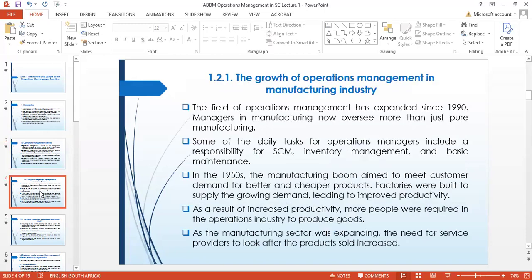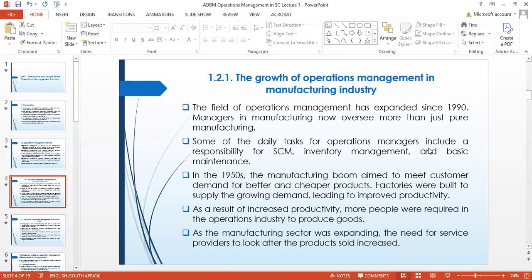Right. So operations management has been growing from the past. From the 1990s, we have seen operations management growing. We had managers who were working in the manufacturing department of organizations.